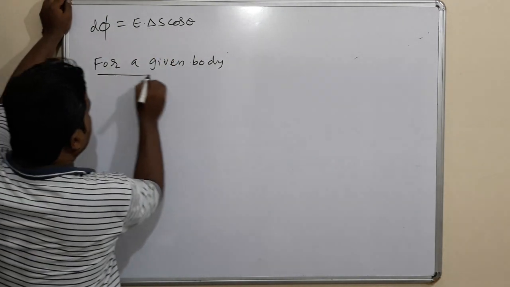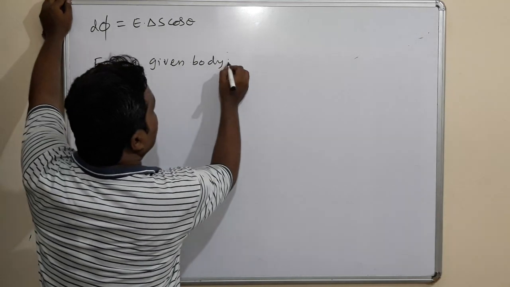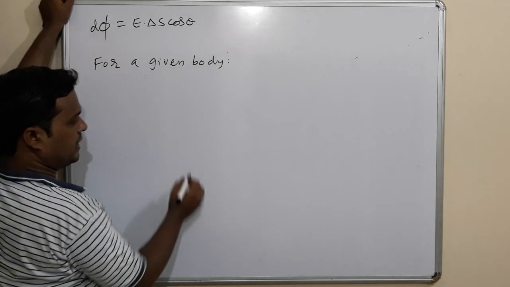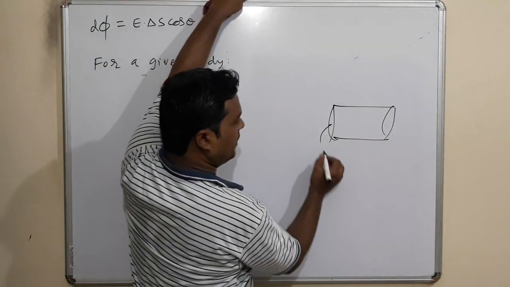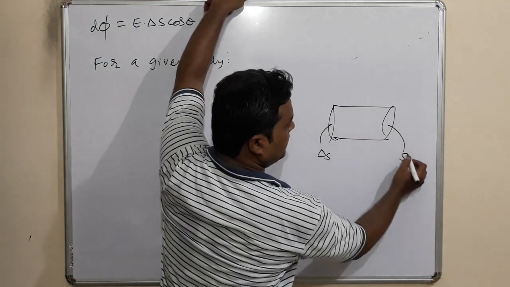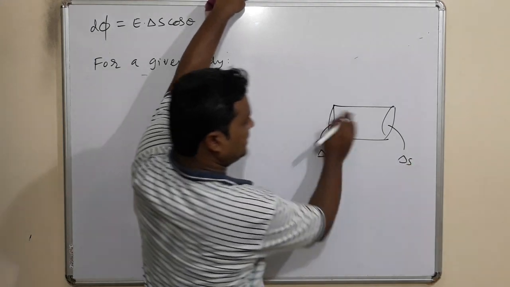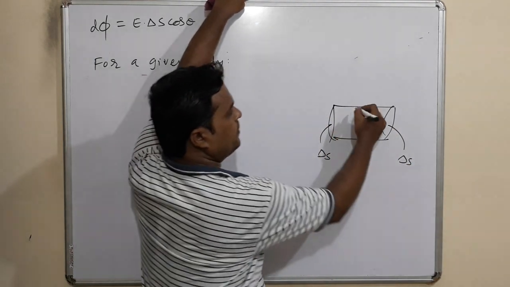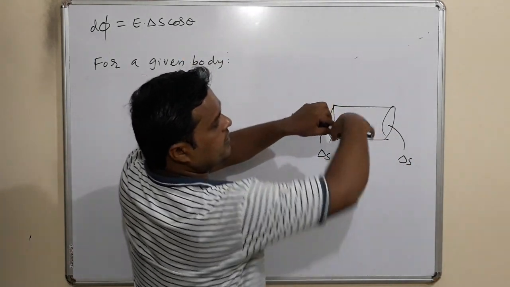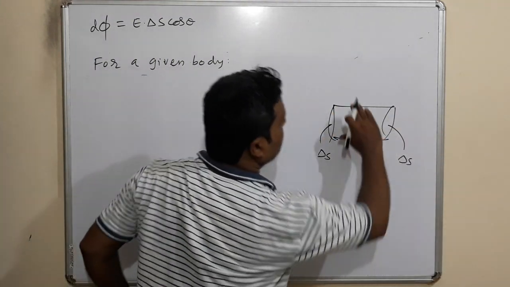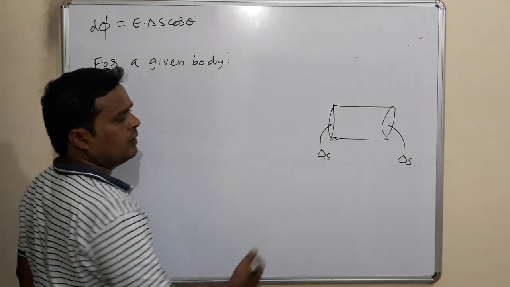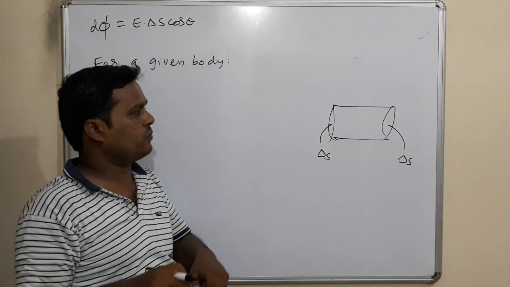For a given body, if you want to calculate the entire flux, suppose that we have three surfaces like this. Here we have another surface delta S, another surface delta S. These are the spherical surface. Another surface will be there. This is the curved surface, circular face, curved surface. If you take a cube, 6 surfaces will be there.